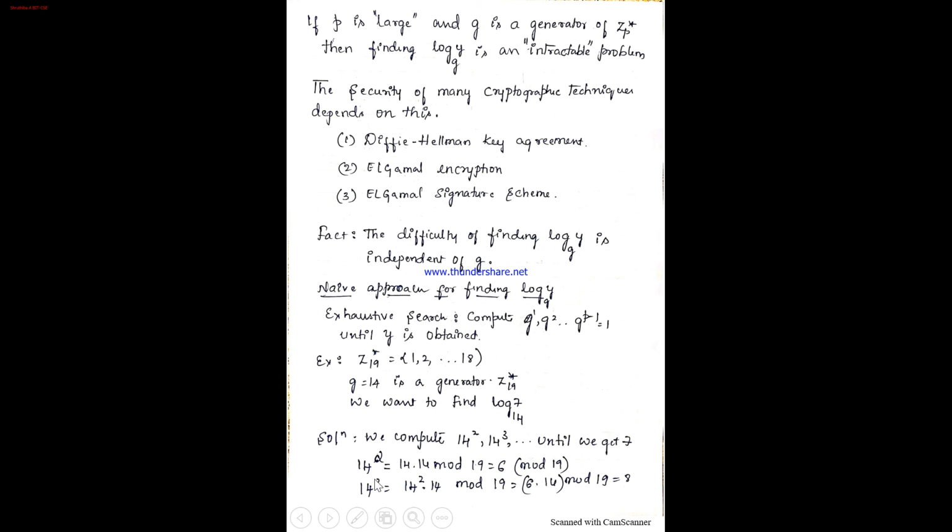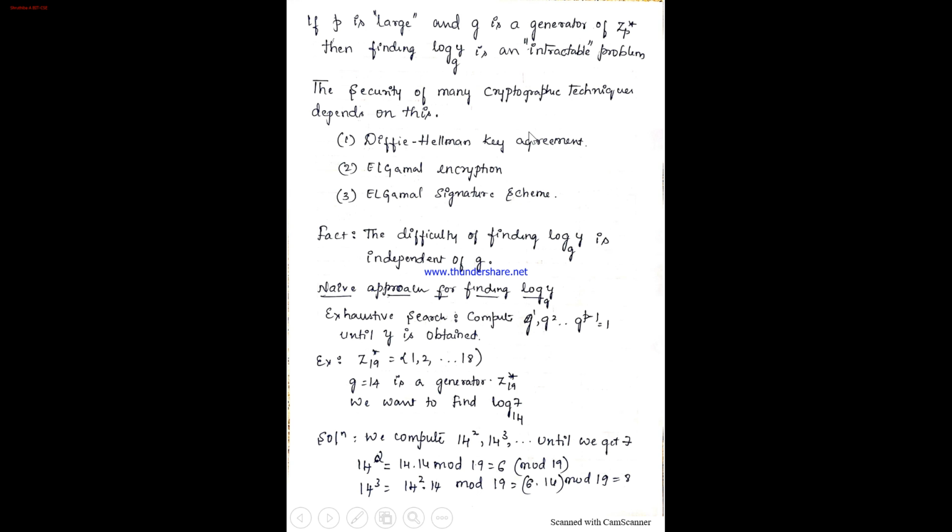Next, 14 cube is 14 square into 14, mod 19. I know 14 square is 6 already, and 6 into 14 mod 19 gives you 8. Following the same procedure, 14 to the power of 4 is 14 square into 14 square, so 6 into 6 gives you 17. You split the powers so that the computation becomes easy.